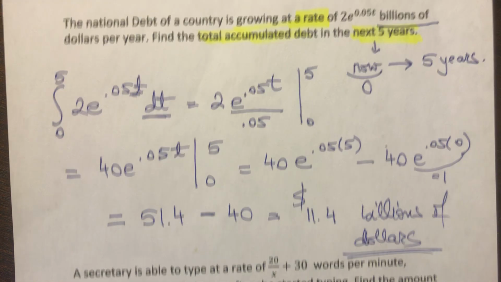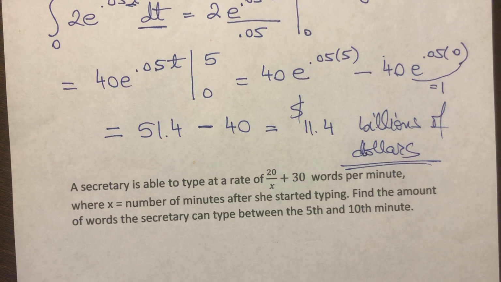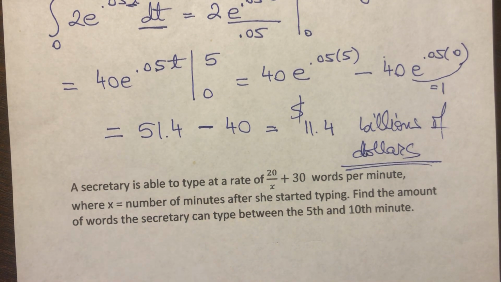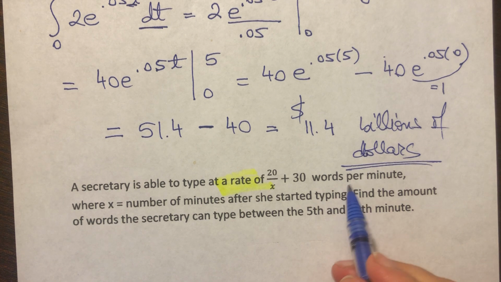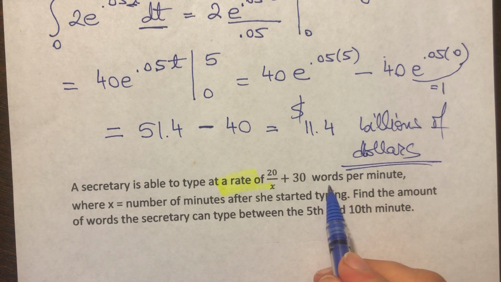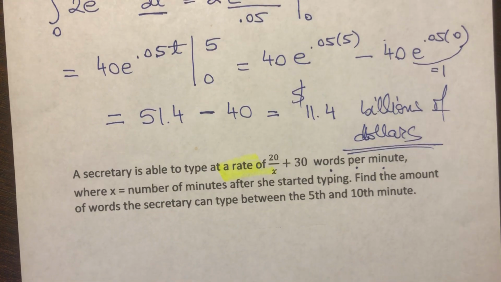Okay. And finally, one last quick one. It says a secretary is able to type at, oh, surprise, surprise, rate of. Okay, so again, that means I'm giving you the derivative over and over. Rate of means the derivative. And as you can tell, it's a derivative. It's a rate. It's words per minute, right? Where x is the number of minutes after she started typing.